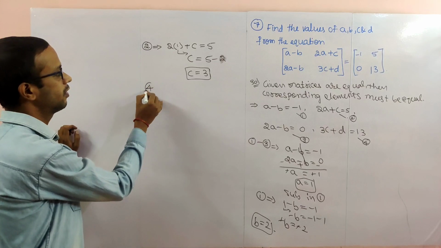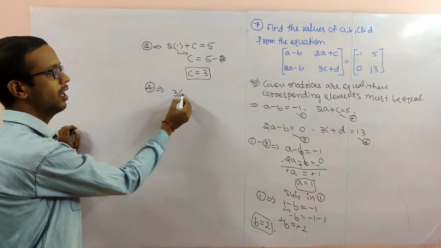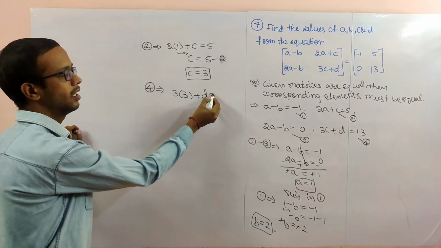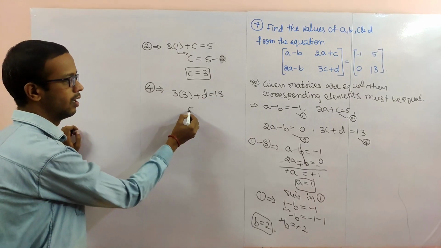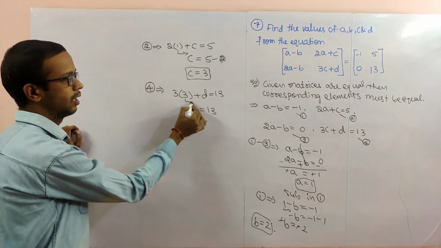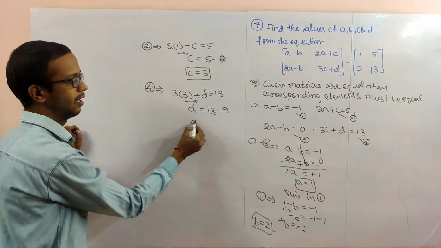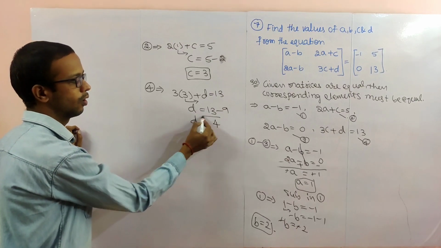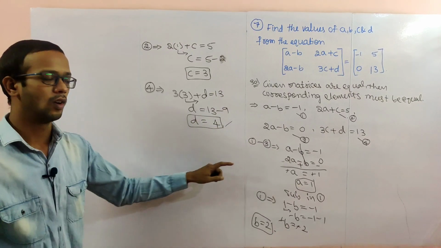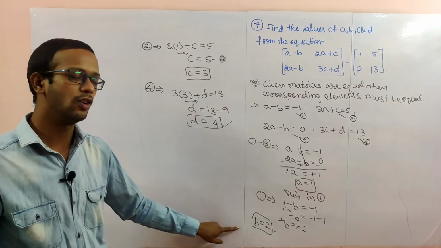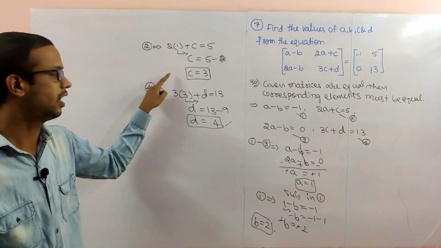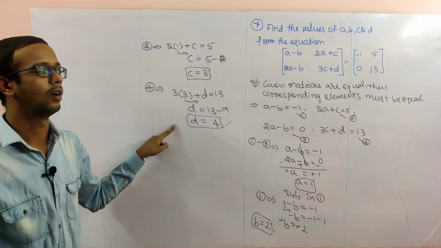Fourth equation implies 3 into 3 plus d is equal to 13. D is equal to 13, that side you send minus 9, d is equal to 4 you will get. So a value is 1, b value is 2, c value is 3, d value is 4.